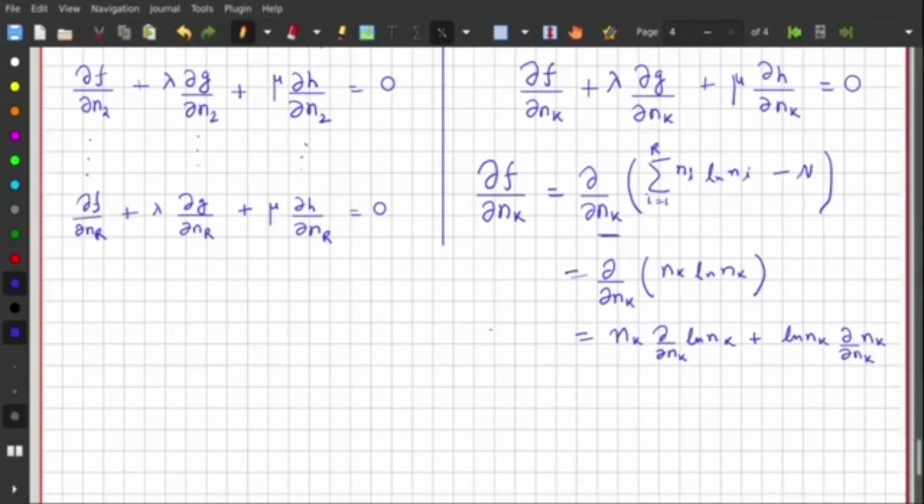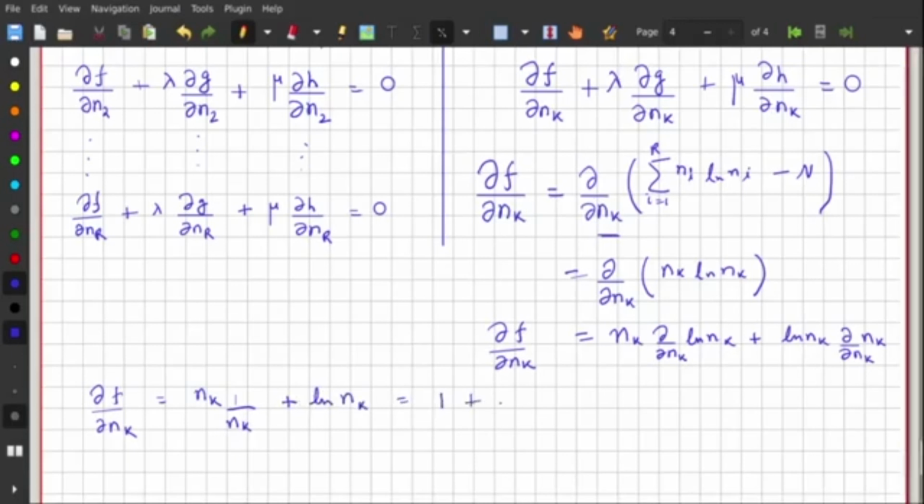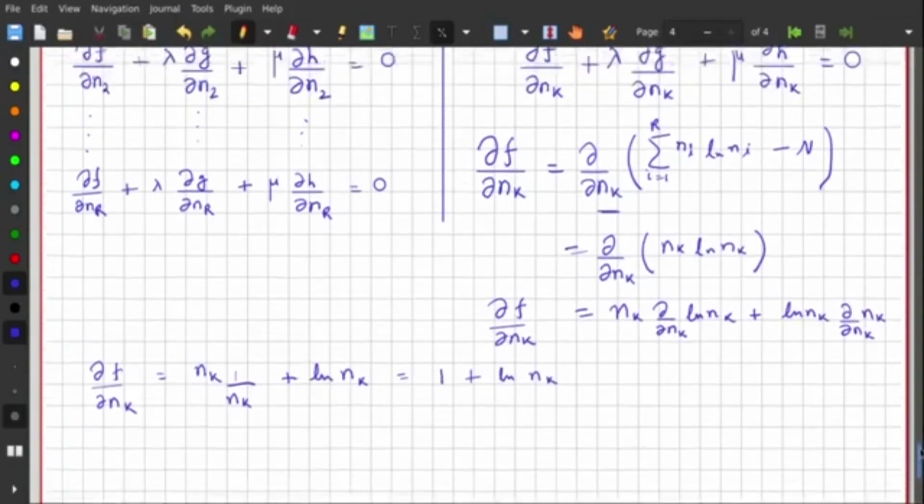So what is partial f partial nk? It is nk times the derivative of log nk, which is 1 over nk, plus log nk. So this becomes 1 plus log of nk. Okay, so that's partial f partial nk.